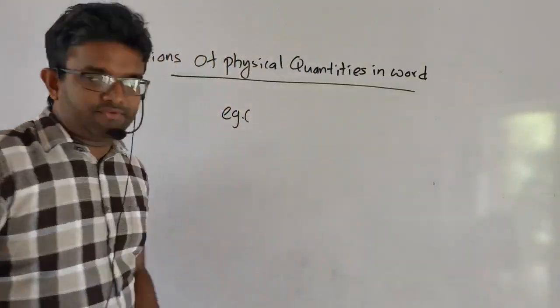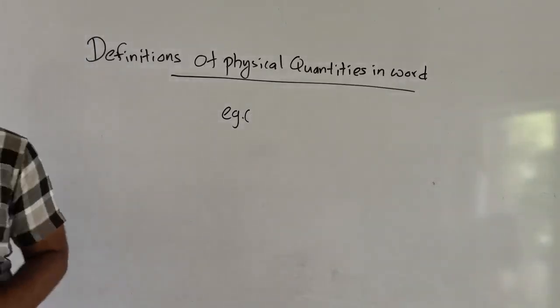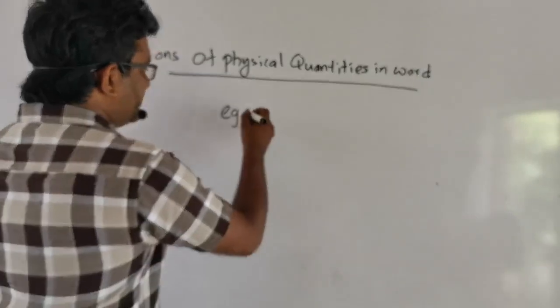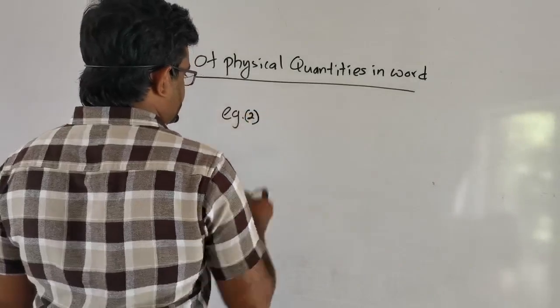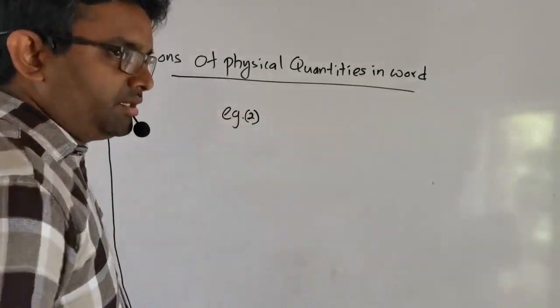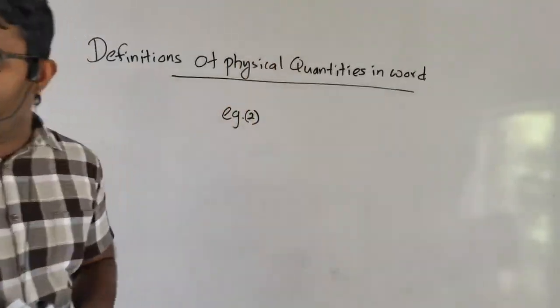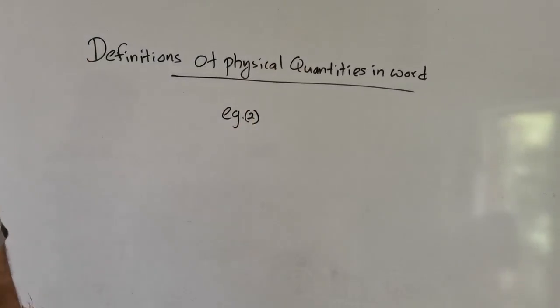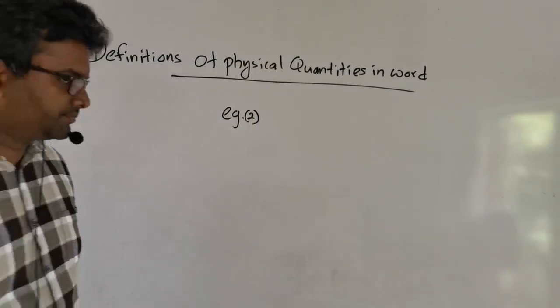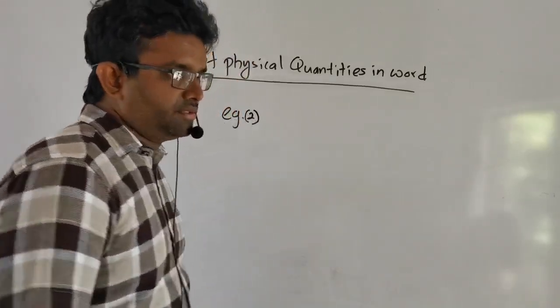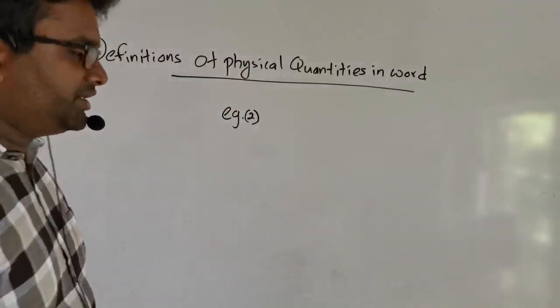Density is defined as mass per unit volume. Right. So we can write the definition here also.